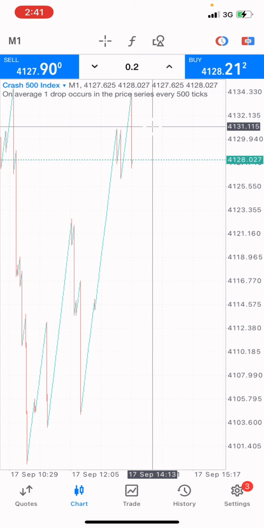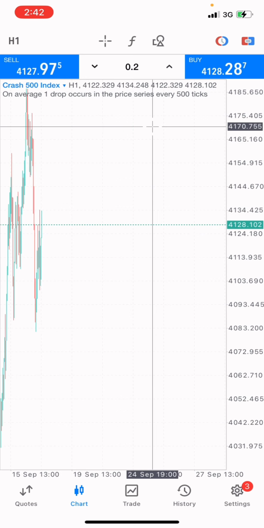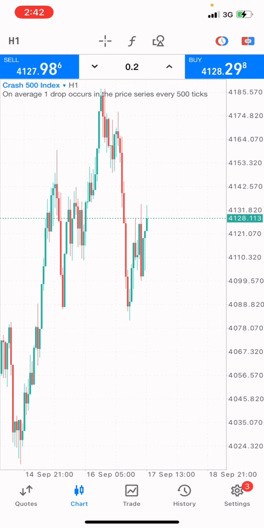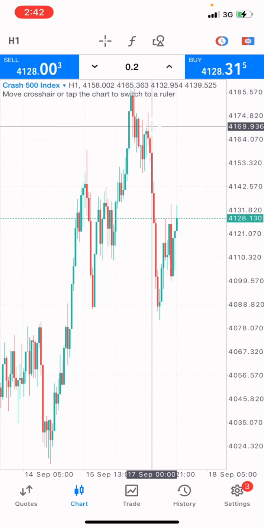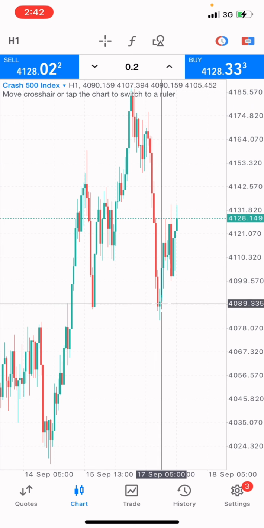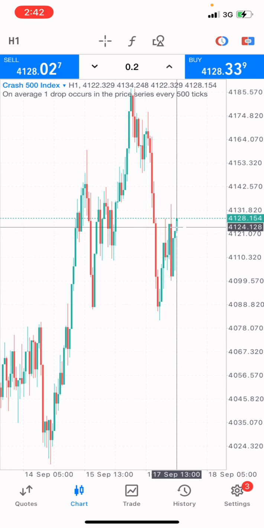So traders that are not patient, we enter into this market like this without doing proper analysis. If we go to the 1 hour time frame right now, we see that this market sold up to this point. The market has bought up to this point.